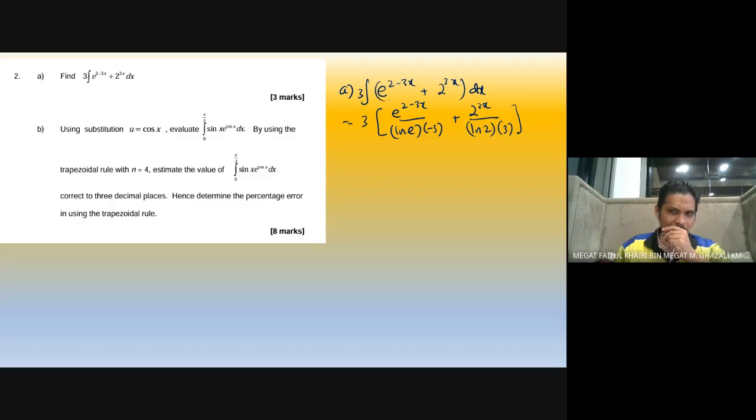So it is 2 power of 3x, 3 natural log of 2, plus c. By the way, natural log of e equals 1.